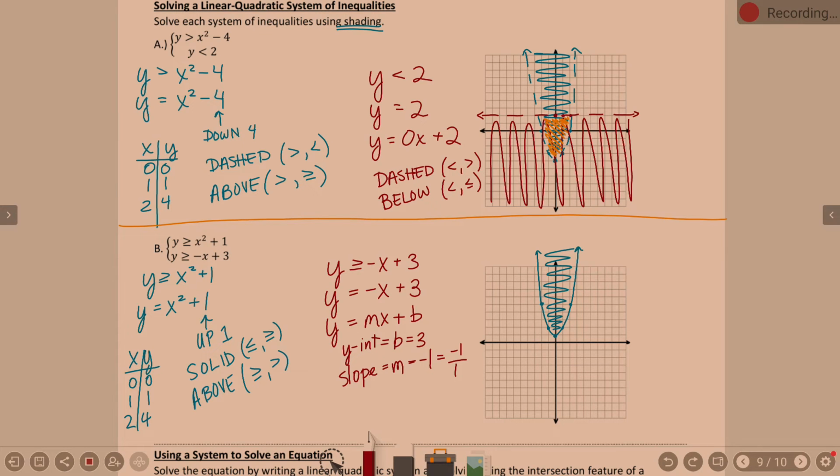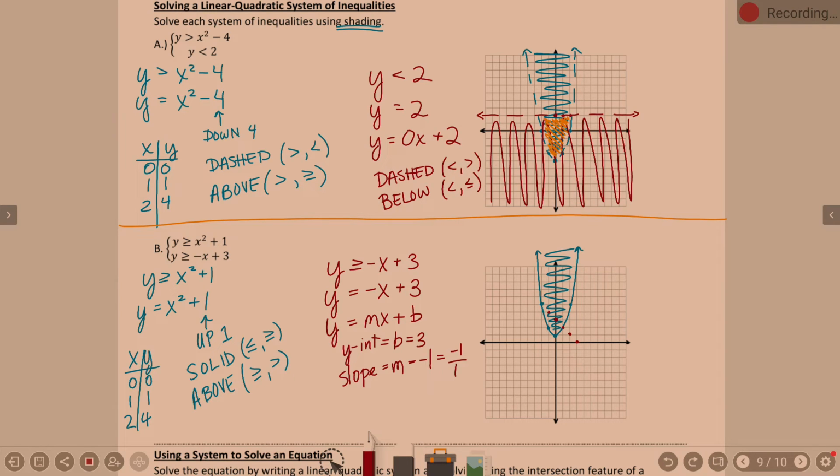So, y-intercept of 3. I'm going to count up 3 on my y-axis. A slope of negative 1. I can go rise negative 1, so down 1, run positive 1, right 1, down 1, right 1, down 1, right 1. Or you can reverse it. We can go up positive 1 and left negative 1.